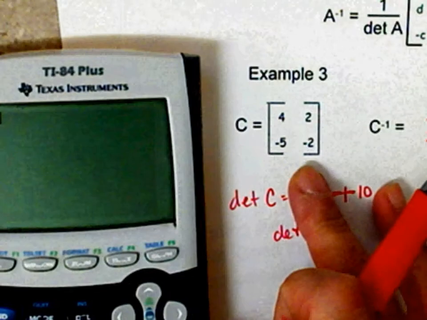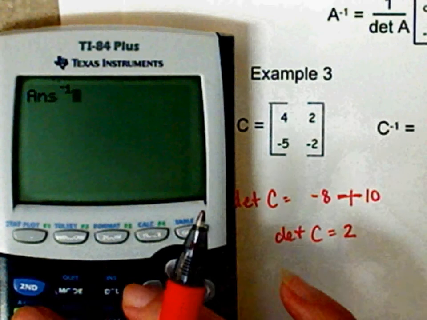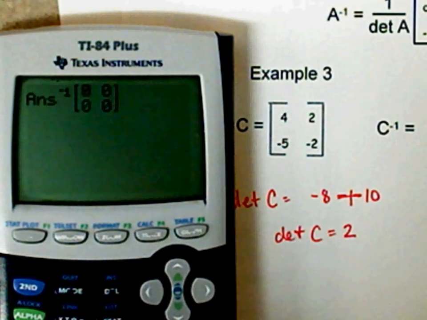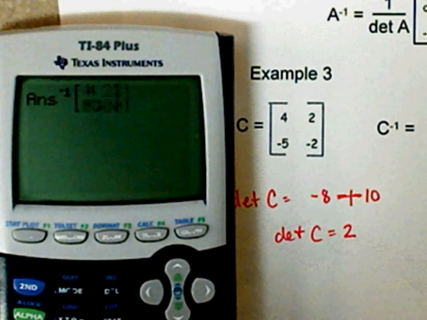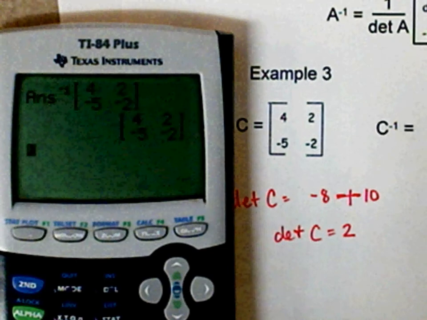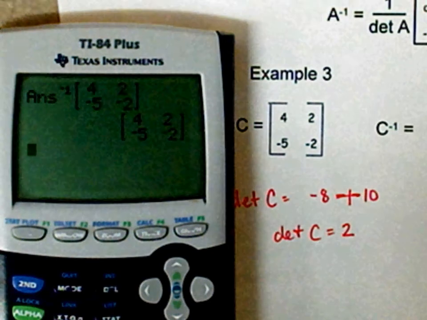See that right there? Alpha zoom, 2 by 2, enter. 4, right click, 2, right click, negative 5, right click, negative 2, right click. Notice what it does. It just gives you the same thing. Try again. Alpha, zoom.